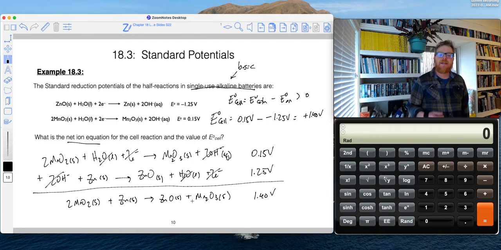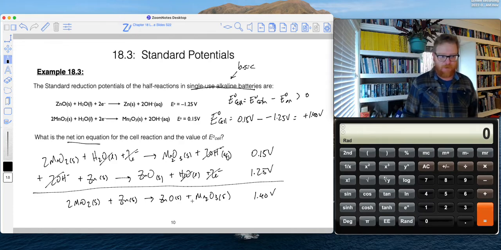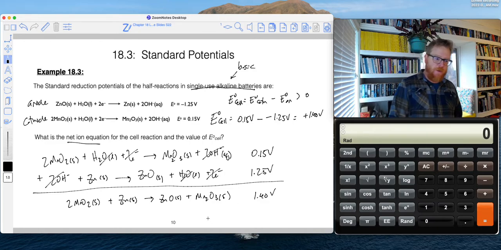And I could even use this net ionic reaction to get my simple cell line notation. I remembered that here my zinc reaction was the anode and the manganese reaction was the cathode. So when I do my line notation, I start with the anode, and in this case, that's zinc solid going to zinc oxide.